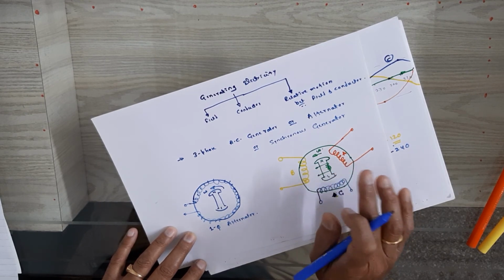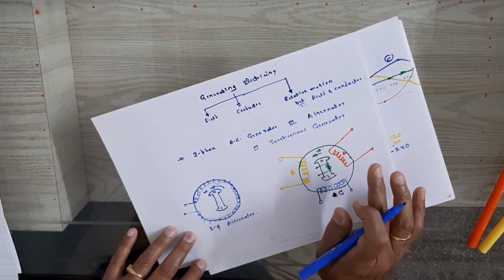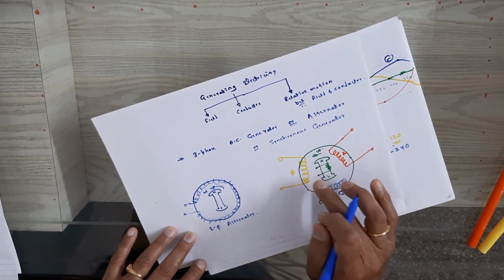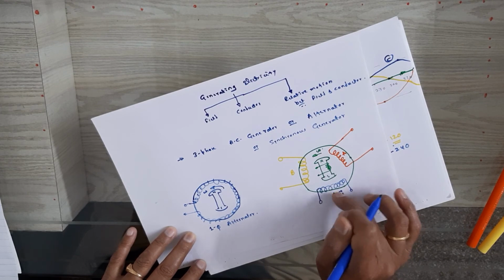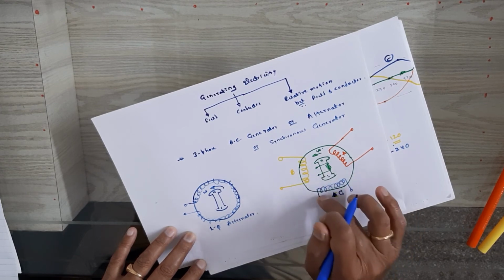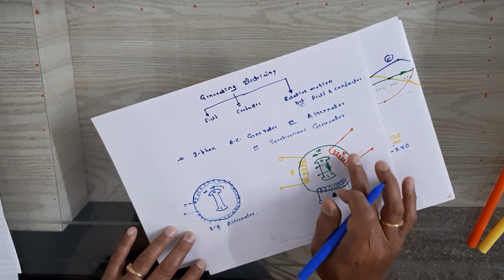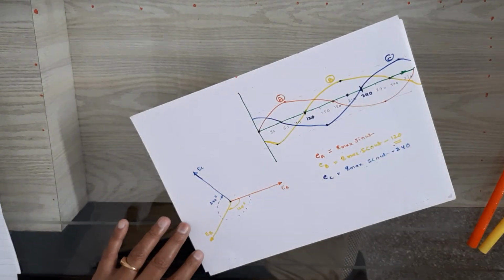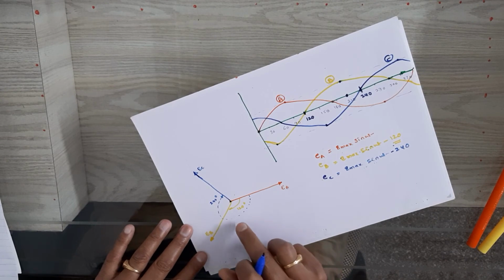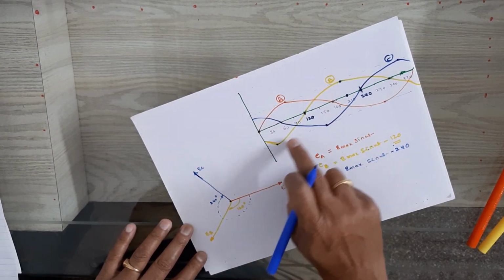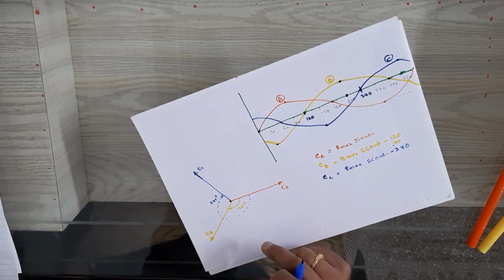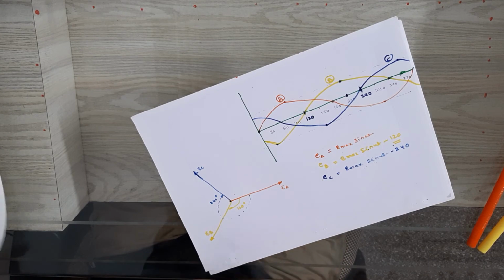However, they are lagging 120 degree from each other. That is, the induced voltage in B lags A by 120, and in coil C it lags B by 120 or lags A by 240. That is quite evident from this vector diagram, the A, B and C waveforms. Here EA, EB and EC are the voltages.